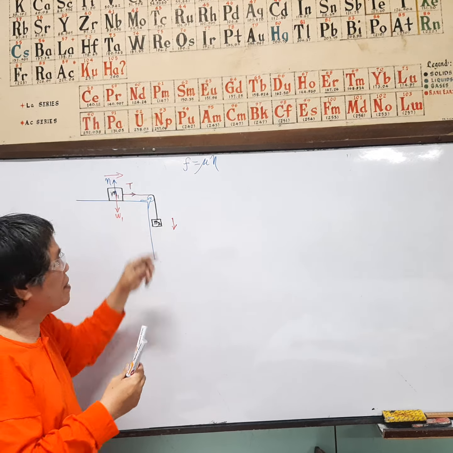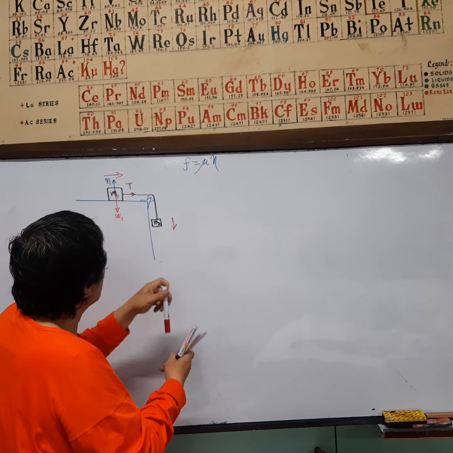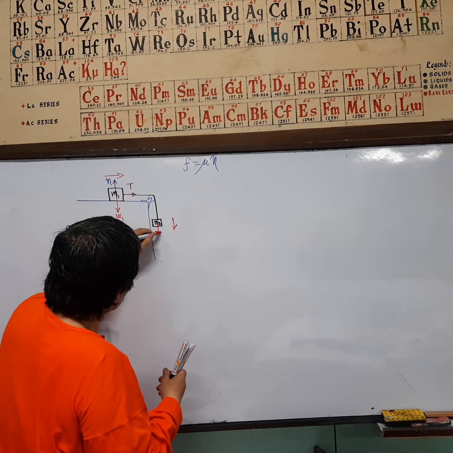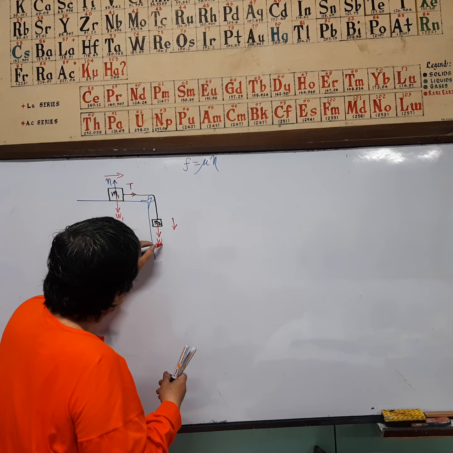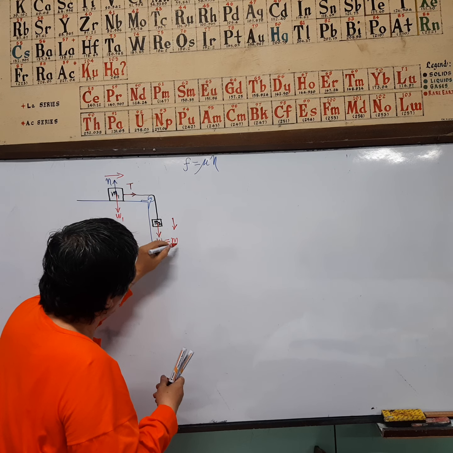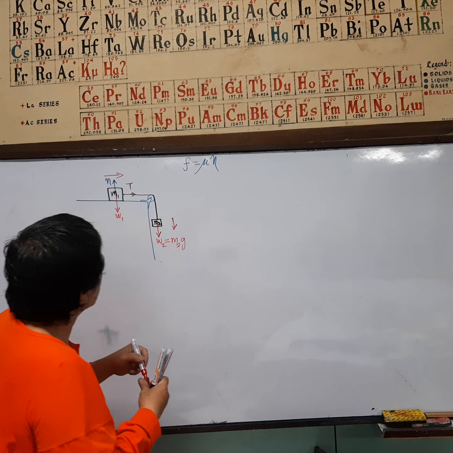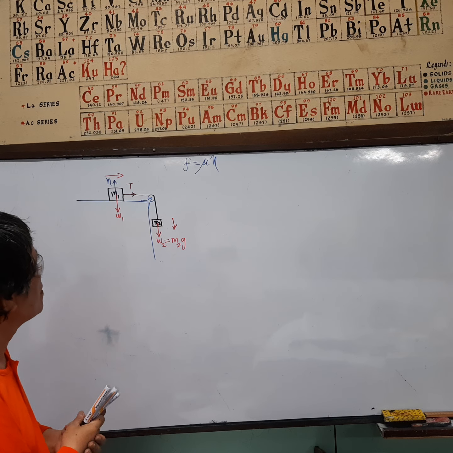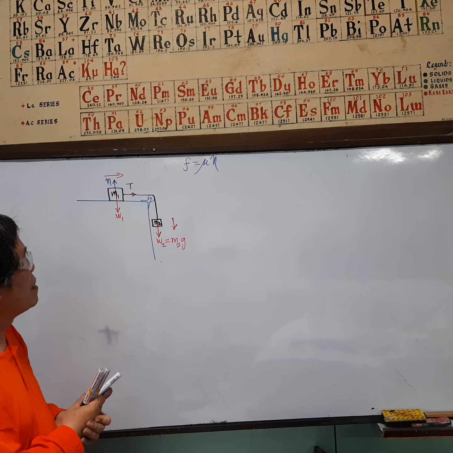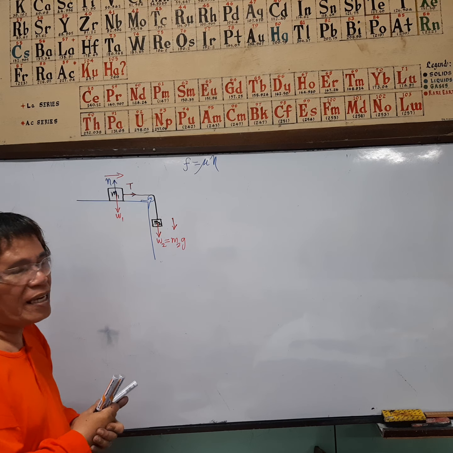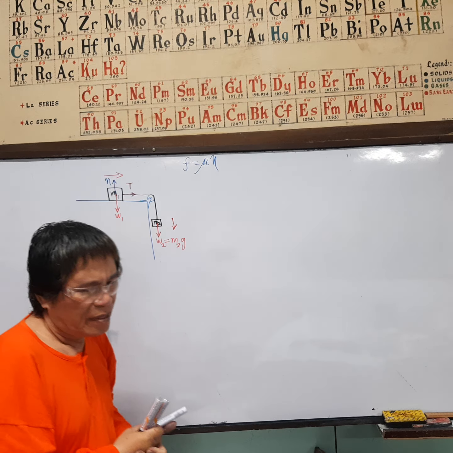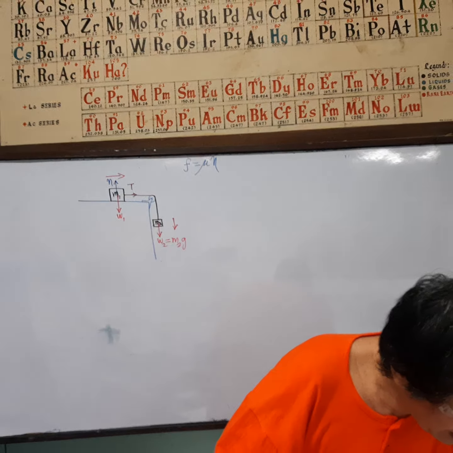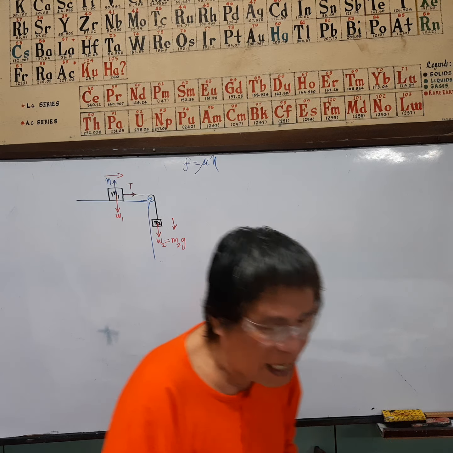The net force is the tension, and you have here the force due to the weight, W2, where W2 equals M2G. Okay. Then you are asked of the acceleration. The problem is asking to find the acceleration and find the tension.